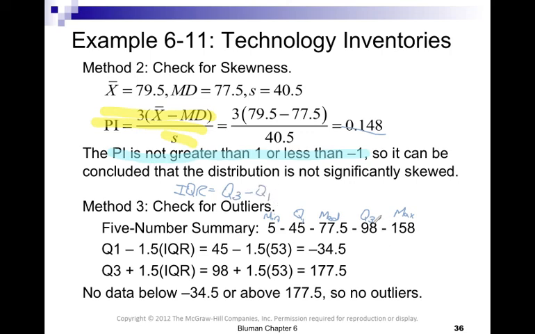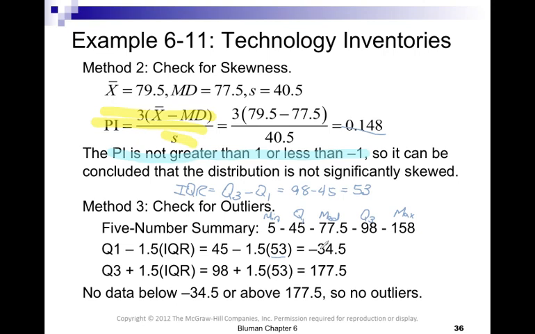So in this case, it's 98 minus 45, or 53. Okay, so that's your entire interquartile range. So I'll write that in here. It's 98 minus 45, which equals 53. Okay, so Q1 is 45 minus 1.5 times the interquartile range, and we get negative 34.5.